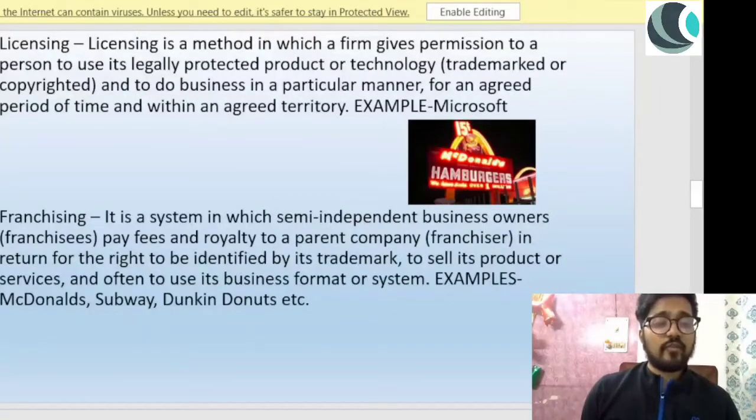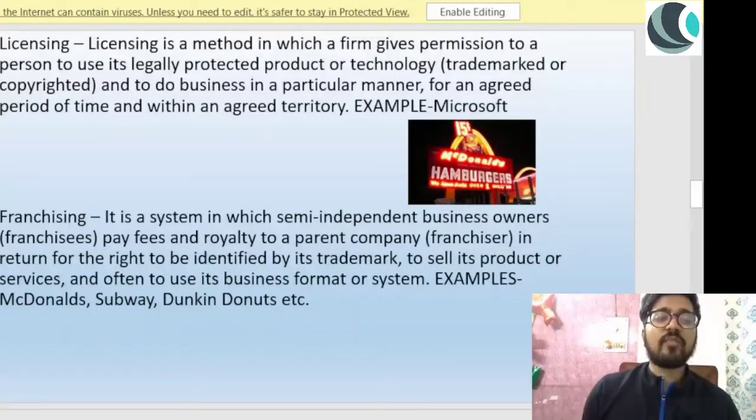Next up is franchising. It is a system in which semi-independent business owners, franchisees, do emphasize on this, franchisees are the semi-independent business owners. They pay fees and royalty to a parent company, that's the franchisor.